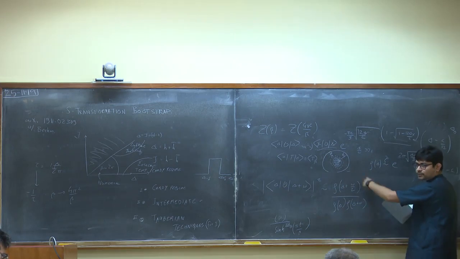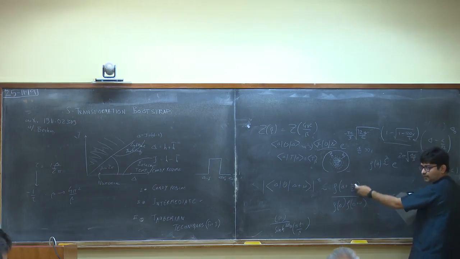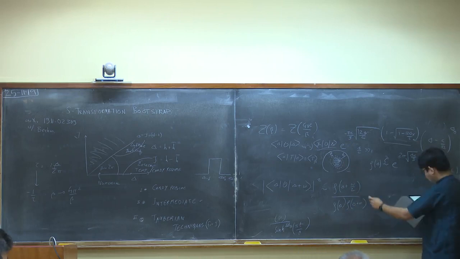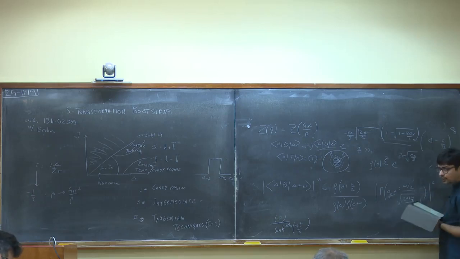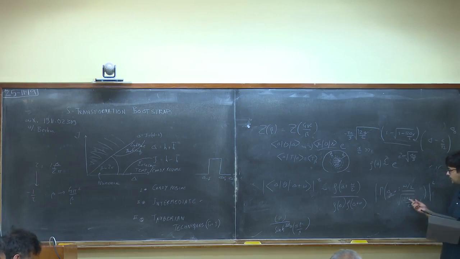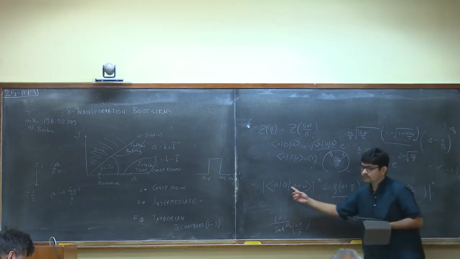This gives the entropic suppression. This naive density of states factor times mod gamma delta O plus i omega by 2 plus omega by 2 c minus 1 mod square. And this gives the gray body factor. This is the gray body factor of a black hole at a temperature which is the average of these 2 states.